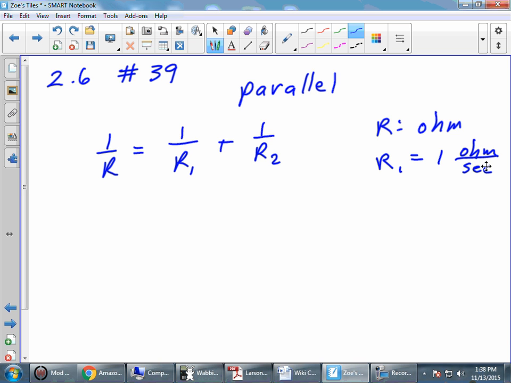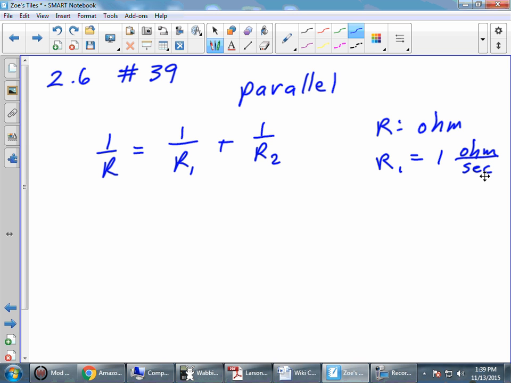So in other words, this is slope. This is the derivative of something. In fact, it gets better because it's ohms per second. This is the derivative of resistance with respect to time. Think about it like that. So this is going to help us later on.